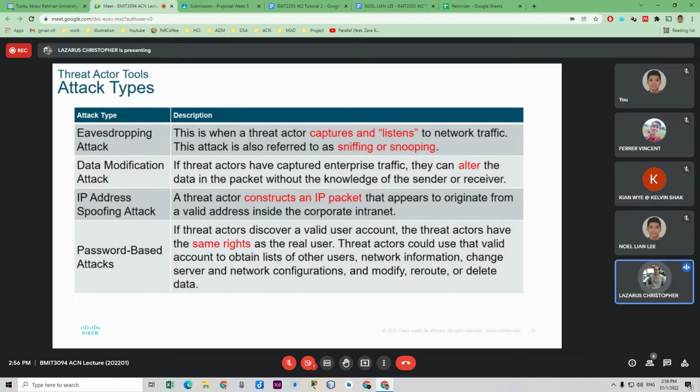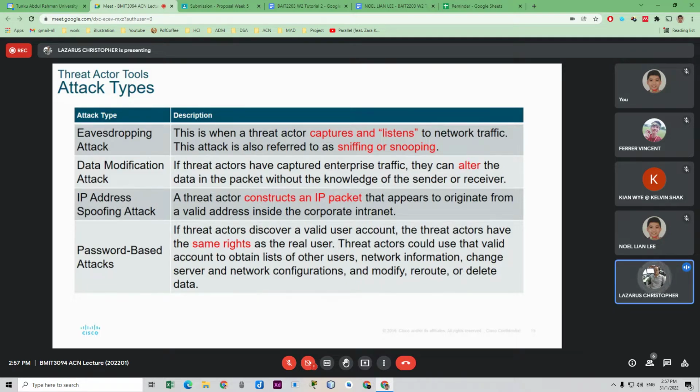And then password-based attack, basically, they try to get your password, because if they can get your password, then you are authenticated as if you are the real user. Okay, and then you have all the user's access. So then they use that user's access to access other things that the user can access.